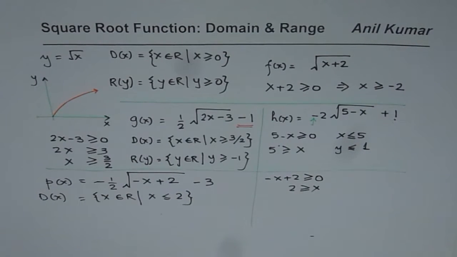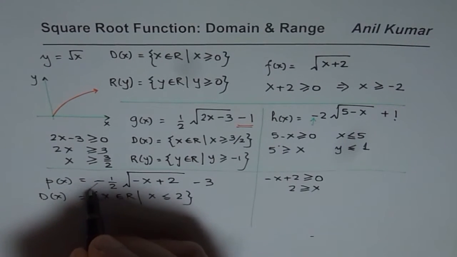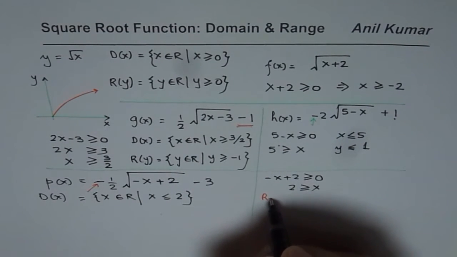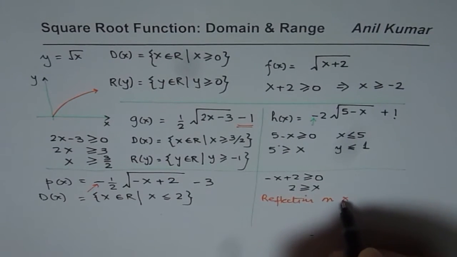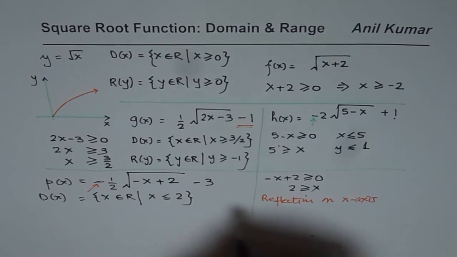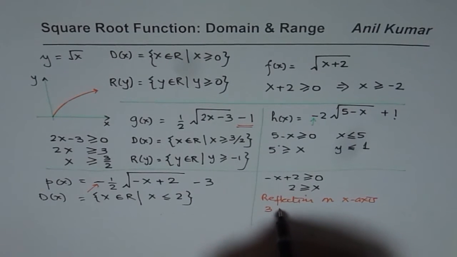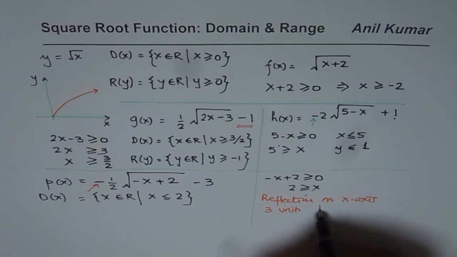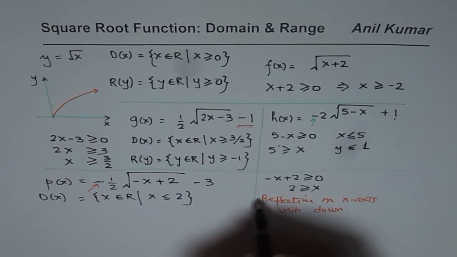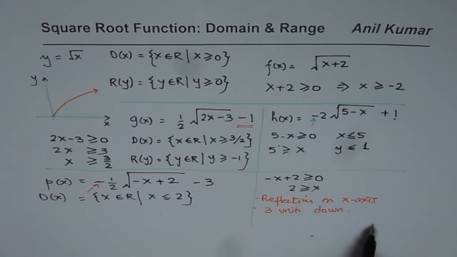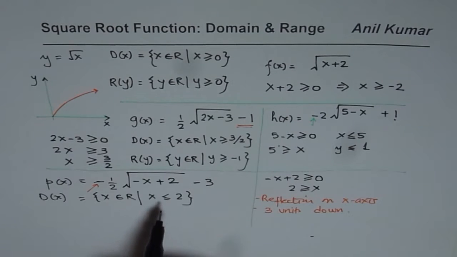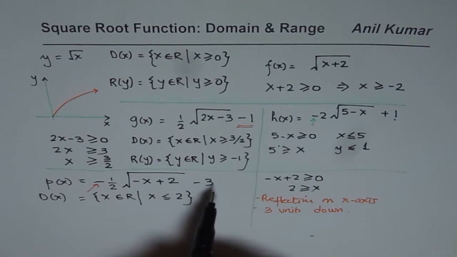To find range, what we notice, this is a reflection on the x-axis, correct? And a vertical translation 3 units down, correct? So these two combined show it is decreasing, not increasing. We are very clear that y is less than this value, minus 3.